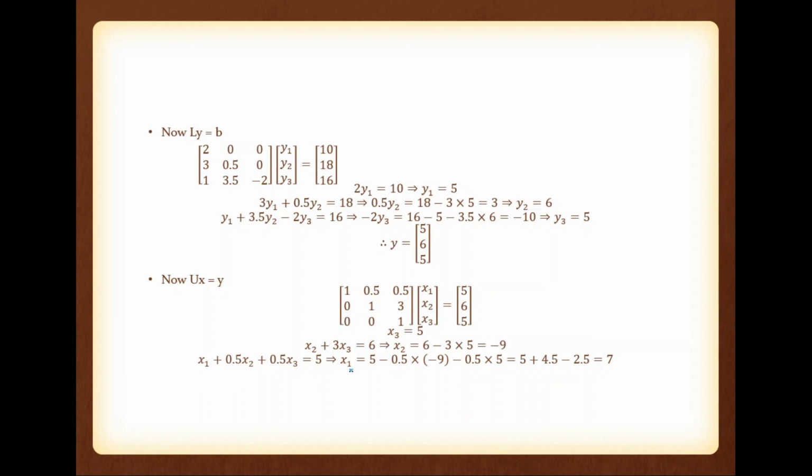So x1 is equal to 5 minus 0.5 into x2, that is minus 9, minus 0.5 into x3. x3 is 5. So we have 5 plus 4.5 minus 2.5, that is equal to 7. So please note here, the final solution x is equal to 7, minus 9, 5. Okay, this is the final solution.